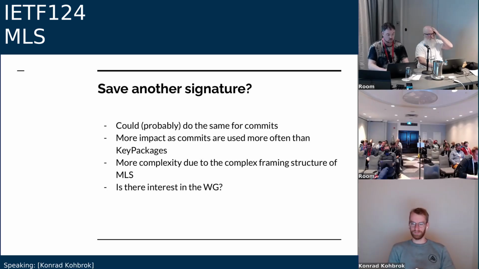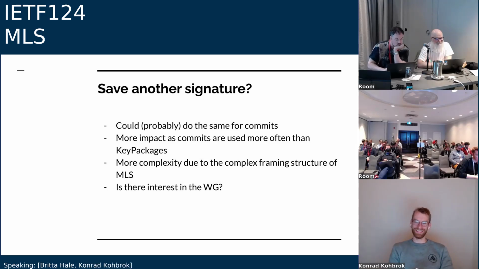To be determined. Is there generally interest in saving signatures? I see some heads nodding. I'm going to go out on a limb here and say that probably as we go towards post-quantum, there'll be more interest in saving signatures, as a random guess.